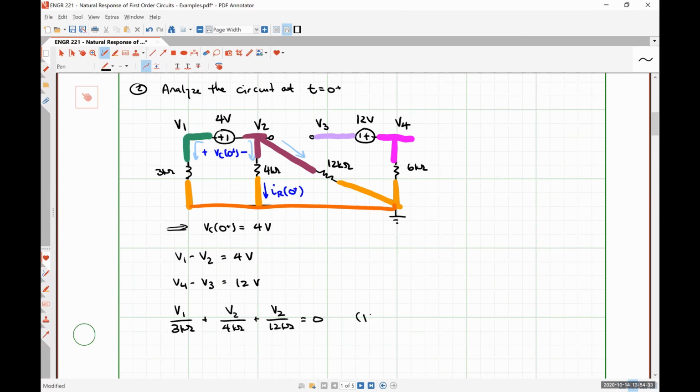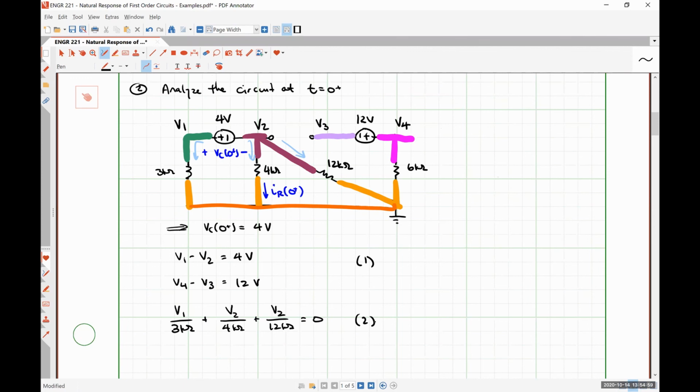And now we have one equation and a second equation that will allow us to calculate nodal voltages V1 and V2, which is enough information for us to calculate that current IR. So I'm going to stop writing equations because I don't need any more, right?